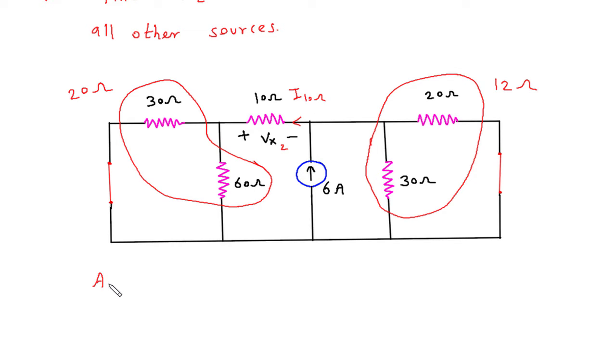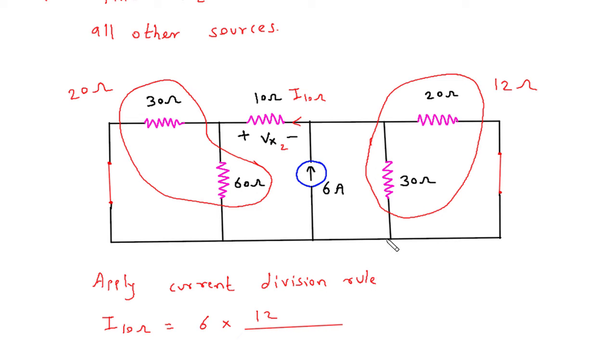Using the current division rule, I 10 ohm is equal to 6 ampere into the opposite branch resistance, which is 12 ohm, by the total. Total will be 12 plus this 10 plus 20.